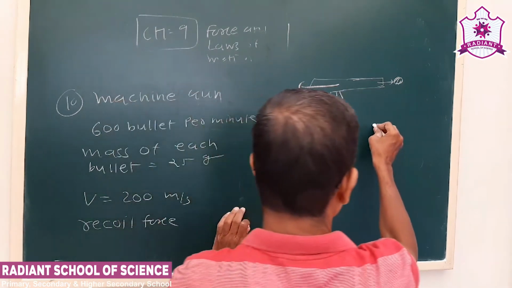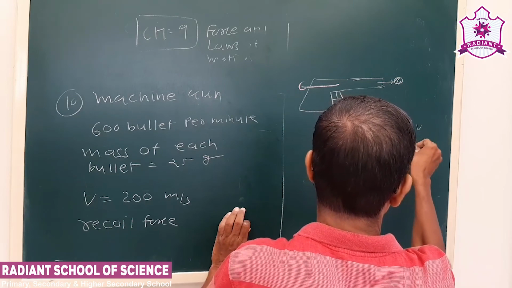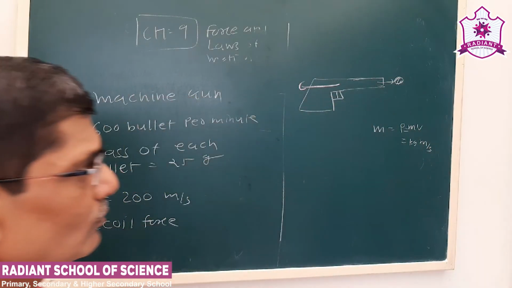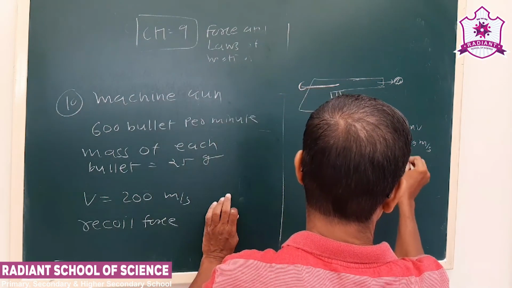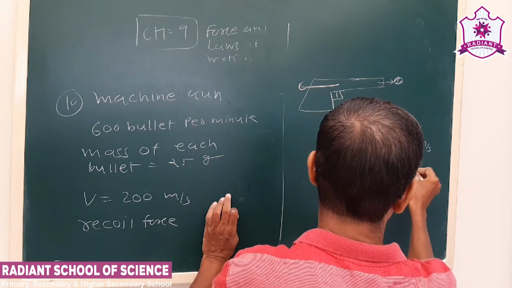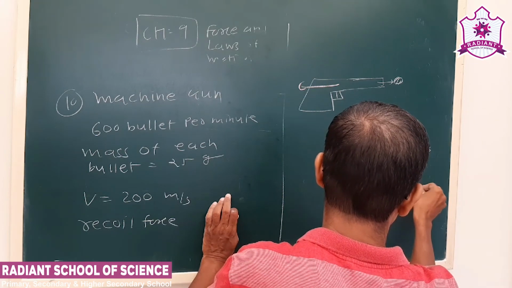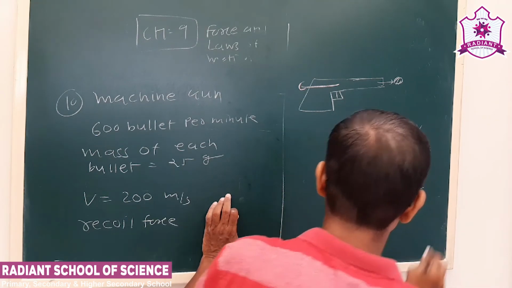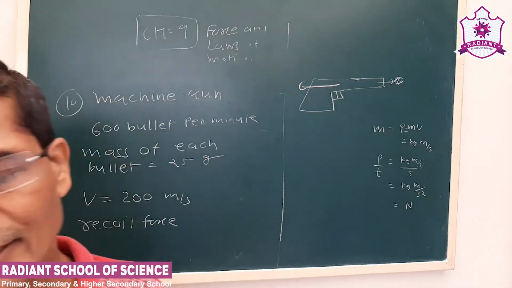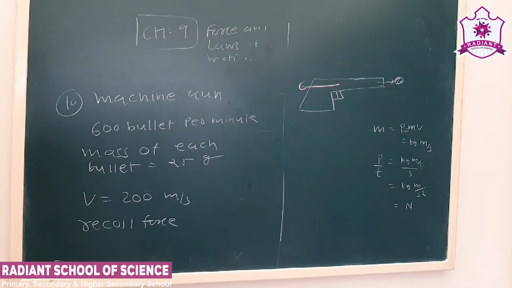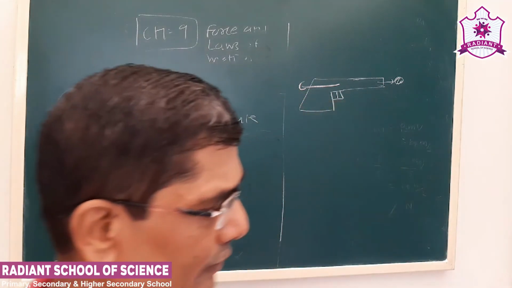What is the momentum unit? Momentum per unit time is the unit of force. So in simple language, dP by dt is force. But here it is given in a little bit different way. That's why I am talking about this.